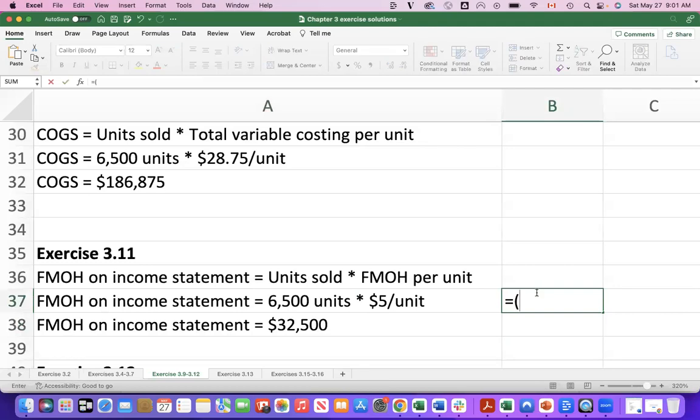If we subtract from it the units that were sold, that means there's 500 units left on the balance sheet, and each of those units has allocated to it $5 in fixed manufacturing overhead. That's why there's a difference between the total fixed manufacturing overhead incurred and the amount we're going to report on the income statement. That $2,500 is going to still remain on the balance sheet as part of our inventory costs under absorption costing.